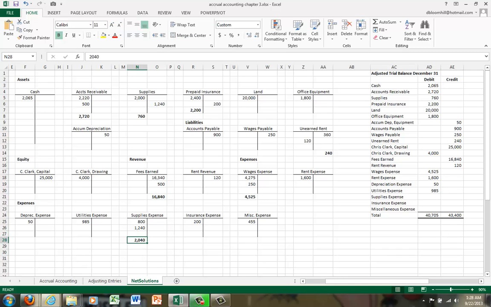We care about the ending balance, $2,040 on the debit side. And we have insurance expense, $200 on the debit side. And finally, miscellaneous expense, $455 on the debit side.